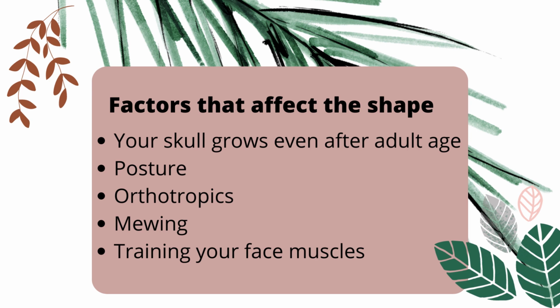Then the next topic that we need to know about is training your face muscles. What I personally believe is that your face is made up of around 50 muscles. As a baby, all the faces seem similar, the expression seems similar, but I've noticed that as a person reaches their teens or mid-teens, there's a certain sort of expression, and you could tell what the person's nature is from their resting face.